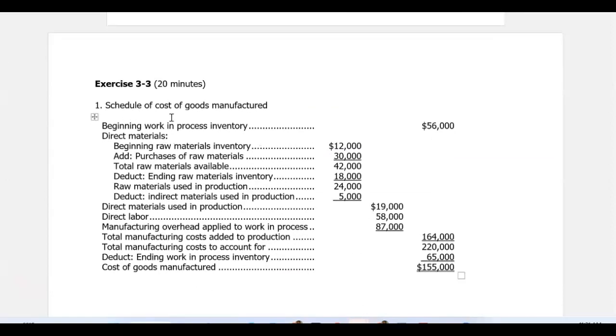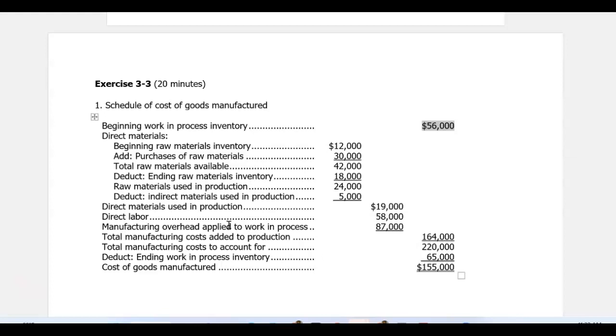It says the beginning work in process inventory had $56,000. That's good, right? But here you are using BAASE: beginning, added, available, subtract, end. This is a very useful concept, and it's easy to remember the way I say it: beginning added available subtract end, BAASE.